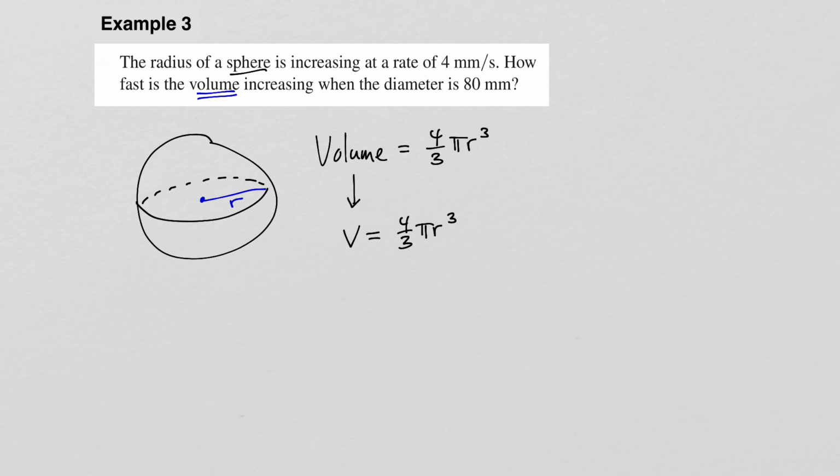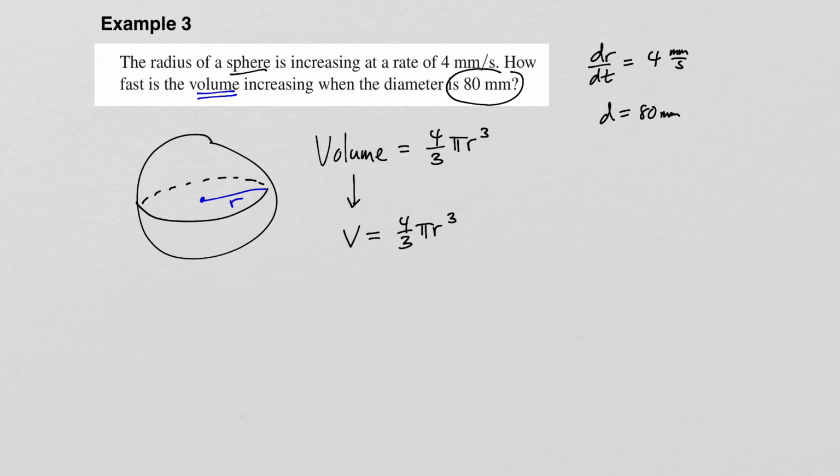Now the question is, how fast is the volume increasing when the diameter is 80 millimeters? And the radius, we already know, is increasing at 4 millimeters per second. So let's write down what we know. dr/dt, the rate of change of the radius, is 4 millimeters per second. Now they tell us that there's a moment where the diameter is 80 millimeters.